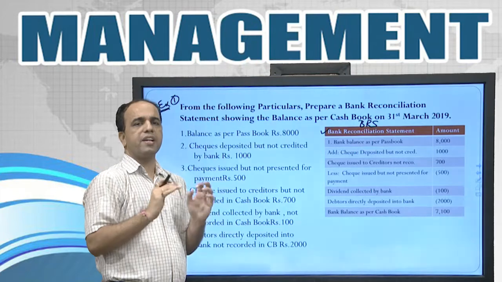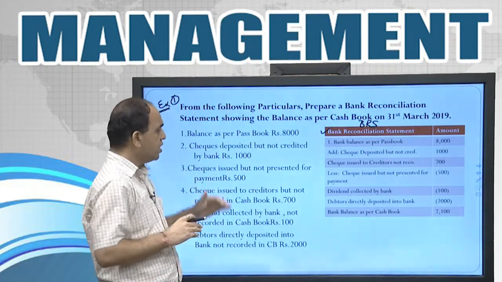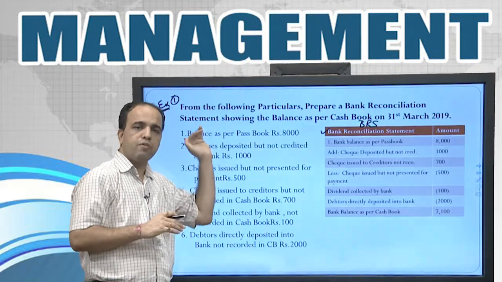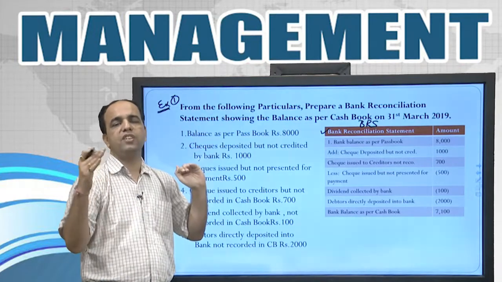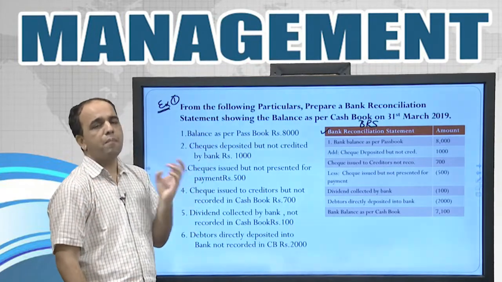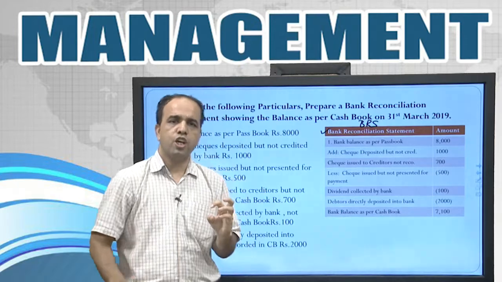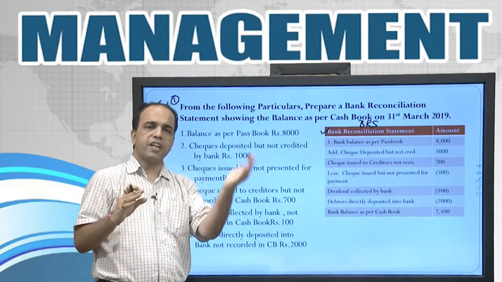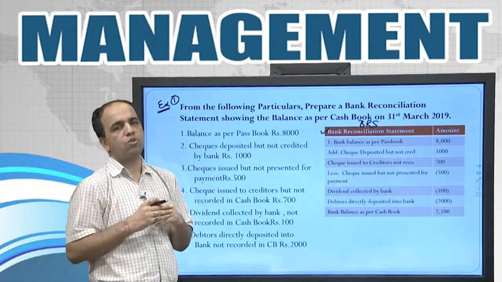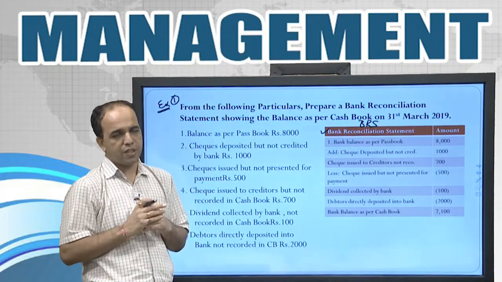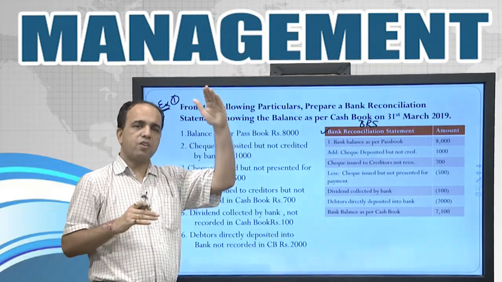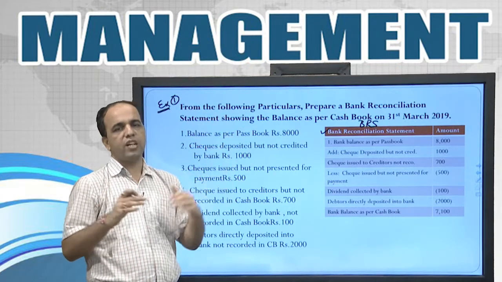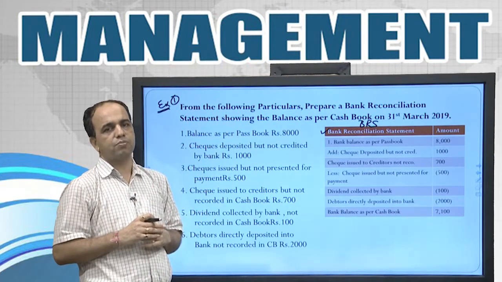Before starting, read out all the transactions. Sometimes you will be given one balance and you have to match it with the other balance, meaning the balance as per cash book is given, you have to find the balance as per passbook. Overdraft as per cash book is given, you have to find the overdraft or balance as per passbook. When you start with cash balance, bank balance or overdraft, you will end with the balance as per passbook.